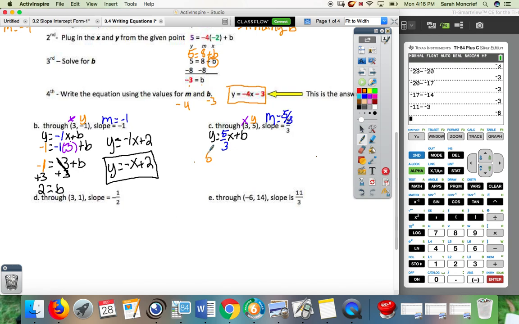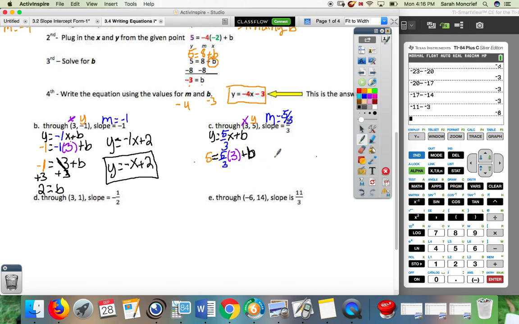So I have 5 is equal to 5 over 3 times 3 plus b. And what am I solving for? I hope everyone remembers. We are solving for b.